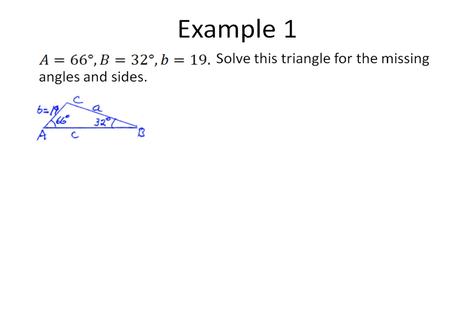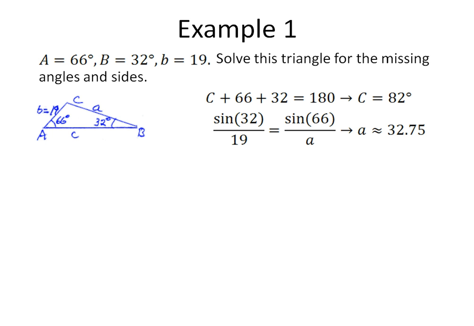To sort the information out, we label it A, B, and C, and then opposite each angle we label the corresponding side: across from angle A is little a, across from angle B is little b, and across from angle C is little c. Okay, so we put in the information we know: angle A is 66, angle B is 32, and the length of b is 19. So this allows us to set up a proportion.